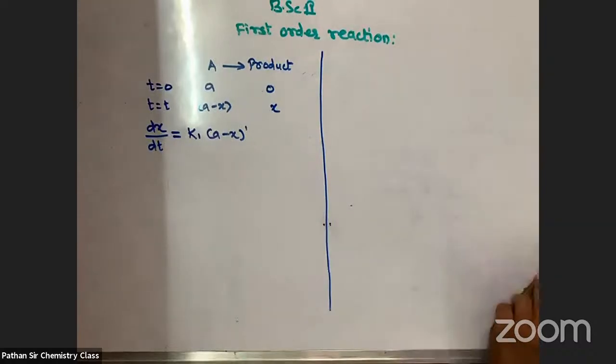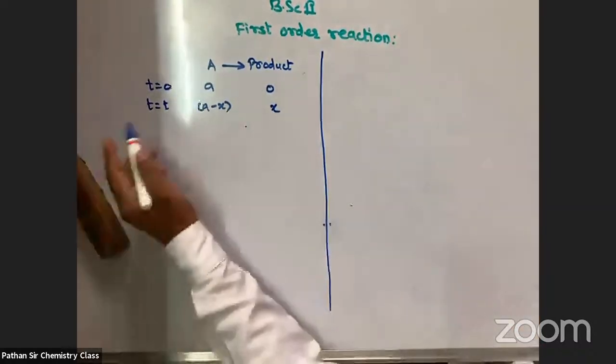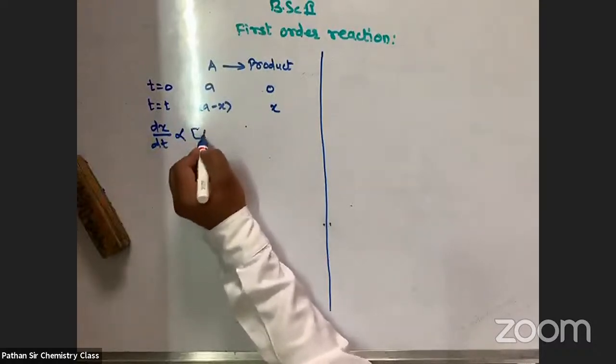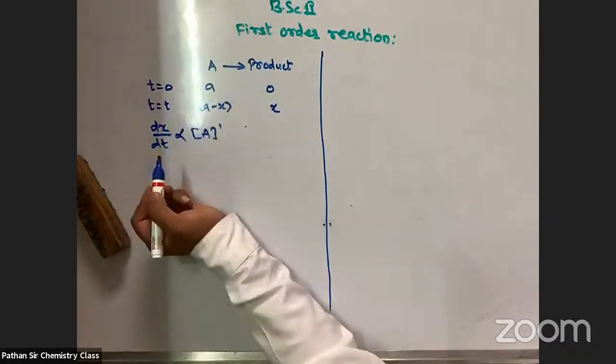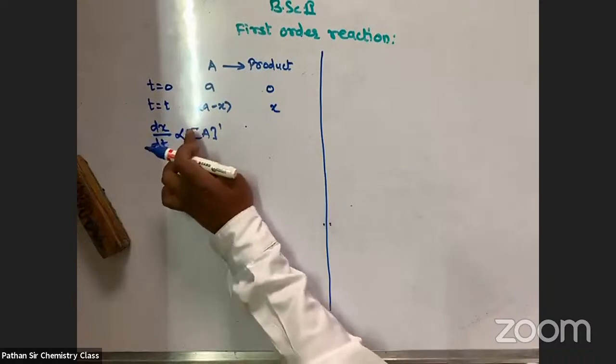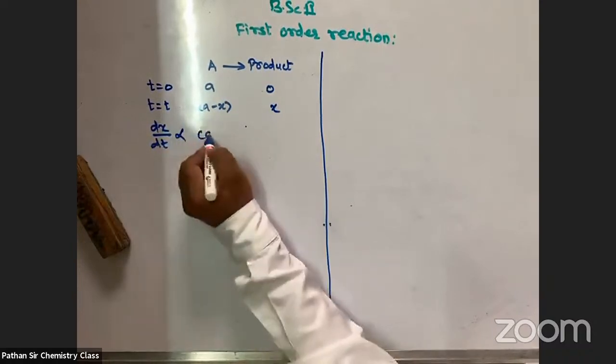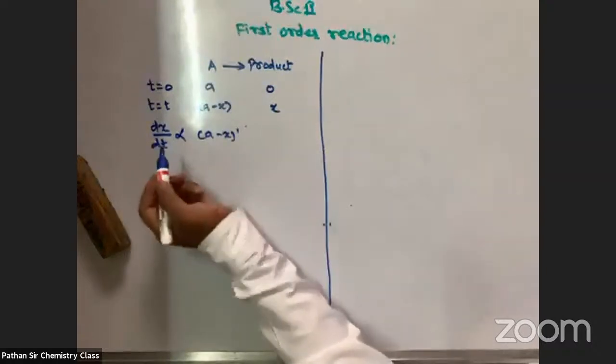Okay, I can write it like this: dx upon dt is directly proportional to concentration of A to the power 1. Instead of concentration A, you can write A minus X to the power 1.